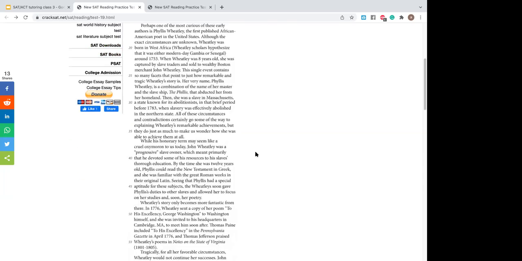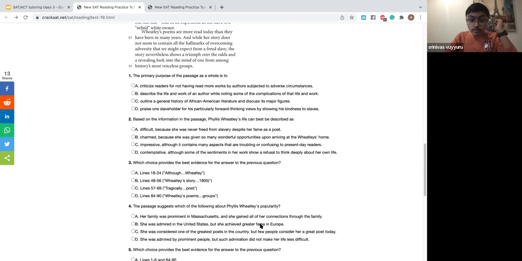So to the person who was asking me to look at question 2 again. With question 2, it's process of elimination, first of all. A just doesn't work at all, simply because she was freed. B, I mean, yeah, the answer to number 2 is C, right? B doesn't work either because it never said she was charmed. Going into slavery is a bad thing no matter what. There's no good part about slavery. C we talked about a bunch, and for D, nowhere in the passage does it say she has a refusal to think about her own life.